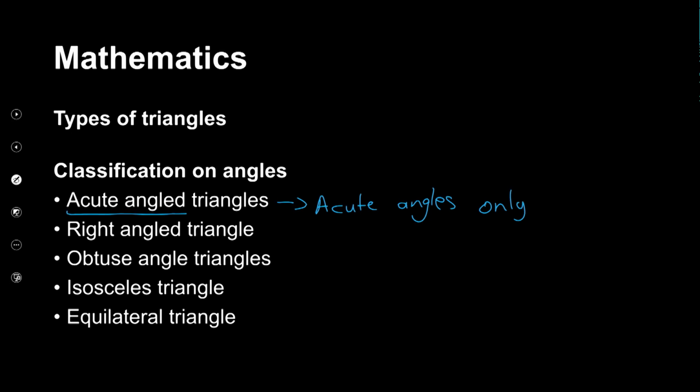Then right-angled triangle. This one now does not necessarily mean, you see, my first description of what an acute angled triangle is, you don't really apply the same one here. It does not mean that there are 3 right angles in there. No, it just simply means that this has a 90-degree angle, right?